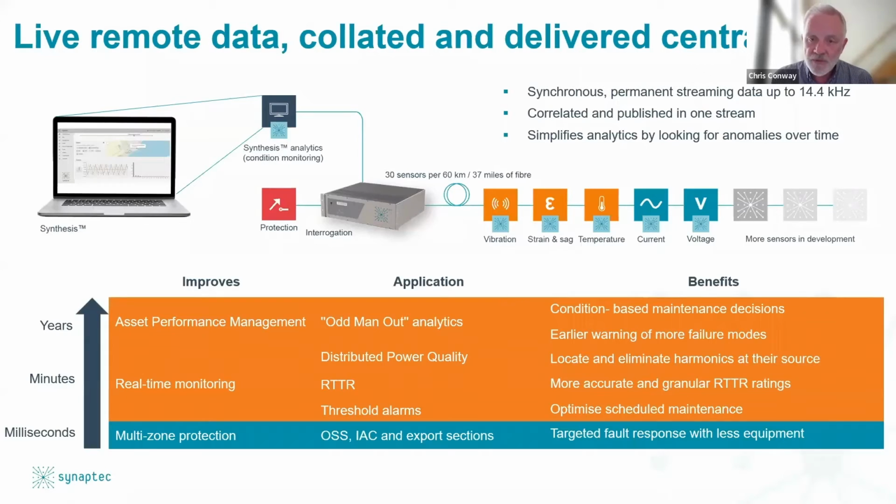In terms of the current and voltage sensing, this millisecond sampling technology was originally developed for protection of transmission circuits. So now we're looking at how we can use a technology that's been designed for protection applications to see what else we can do with it. That gets us into more condition monitoring.